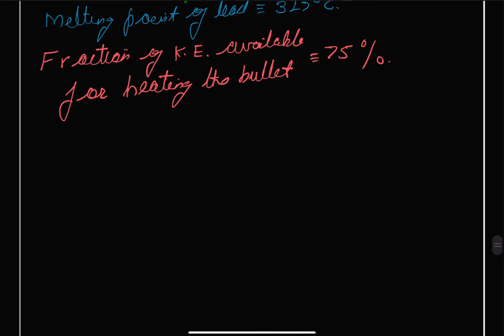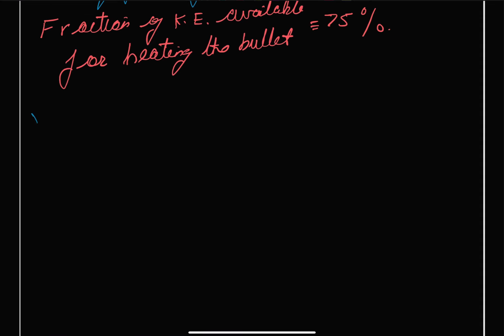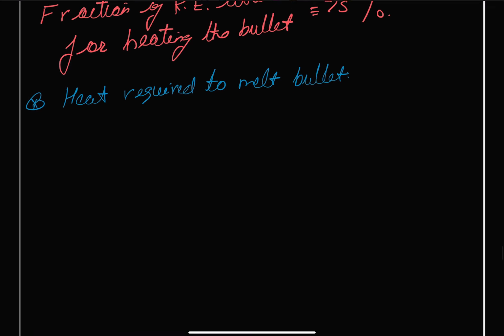So first of all, let's find out the heat required to melt the bullet. We assume that the mass of the bullet is, suppose, m.